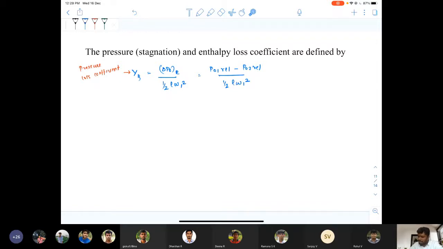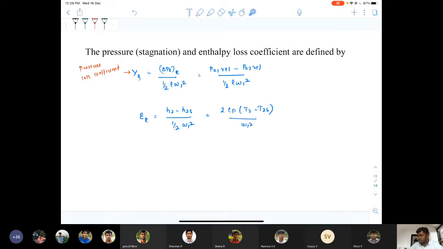In the same way, the enthalpy loss coefficient is given by the equation sigma R is equal to H2 minus H2S divided by 1 by 2 W1 square, and this will be equal to 2 into Cp times the temperature difference, T2 minus T2S, divided by W1 square.